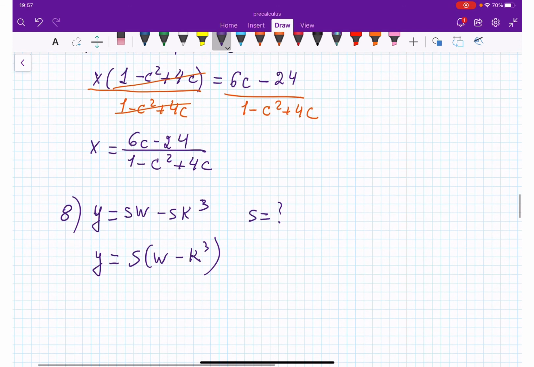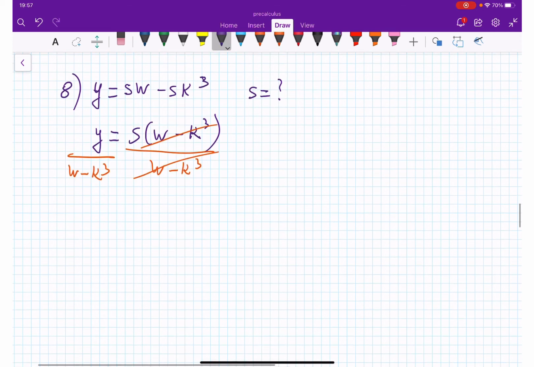Okay, to find s, what do we have to do? We have to divide by w minus k cubed, right? Here also y divided by w minus k cubed. These cancel each other, and we are getting s is equal to y over w minus k cubed.